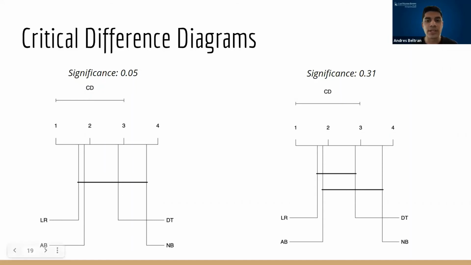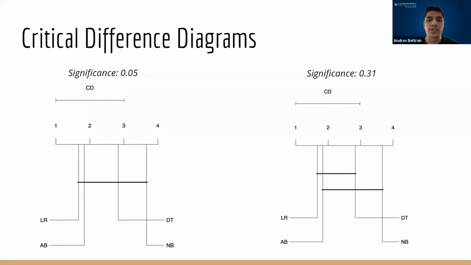So when we set the significance level to 5% on the left, there is a line joining all of our algorithms in our critical difference diagram. This means that we cannot reject the null hypothesis that all algorithms perform equally, or in other words, there is not enough evidence to determine that any algorithm is significantly different from any other.